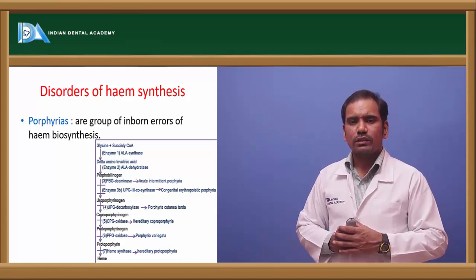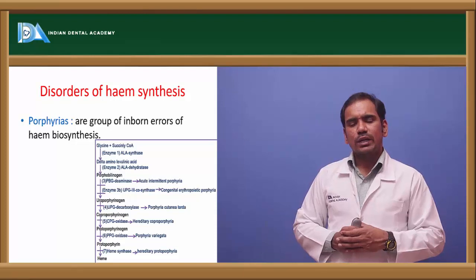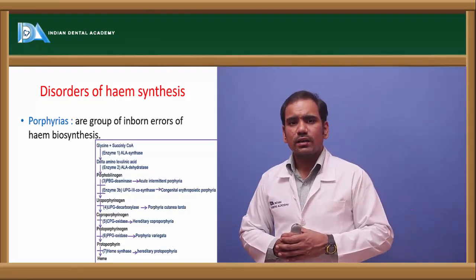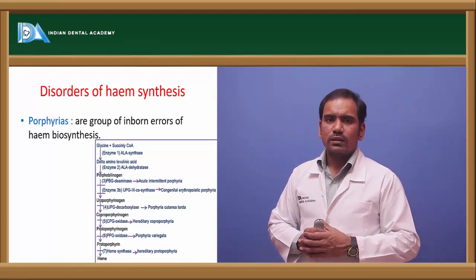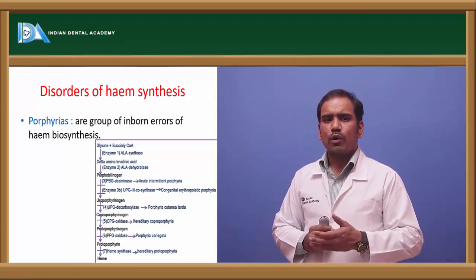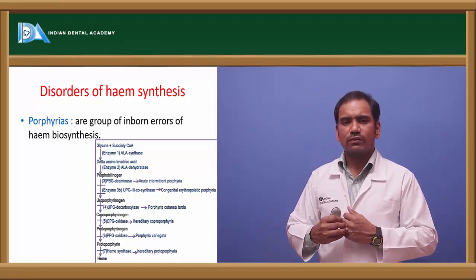What are the important features of congenital erythropoietic porphyria? Here you can see mainly dermatological features. Because of the accumulation of porphyrins, those porphyrins get excited when light falls on them.